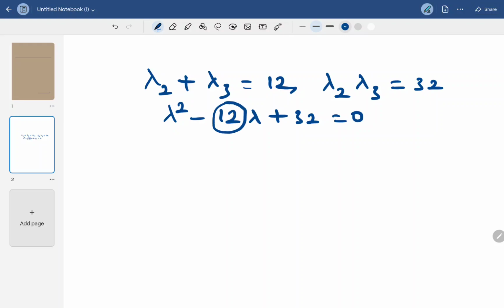This 12 is the sum of the roots and this 32 is the product of the roots.